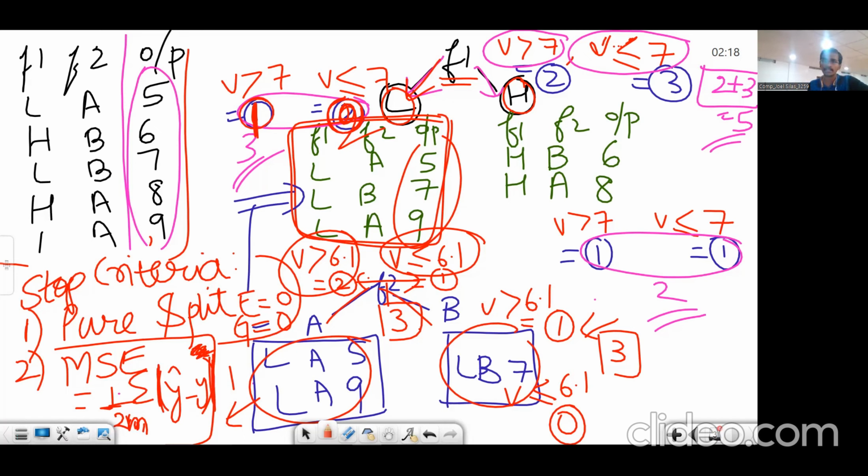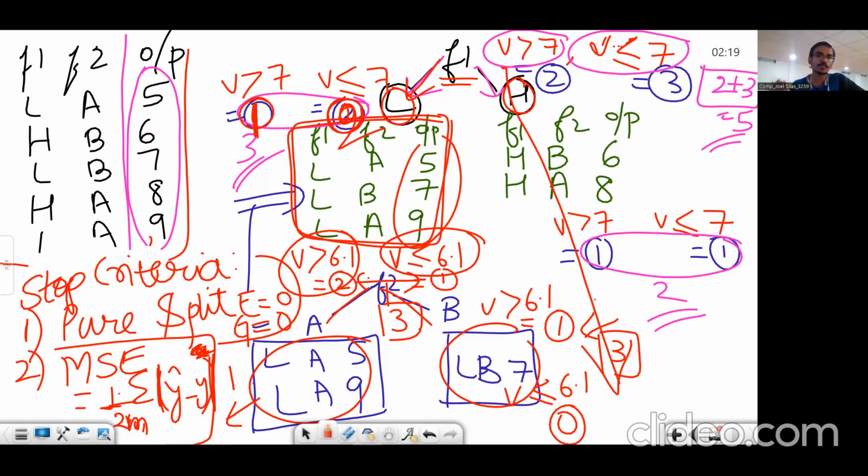So if mean squared error or mean absolute error is decreasing as you traverse down, meaning as you're going deeper and deeper in the decision tree, if the mean squared error or mean absolute error is reducing, then at a certain value of that MSE or MAE, you can stop. Okay, this is another parameter.